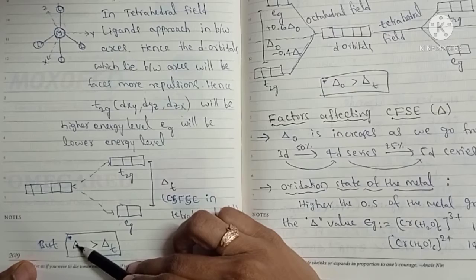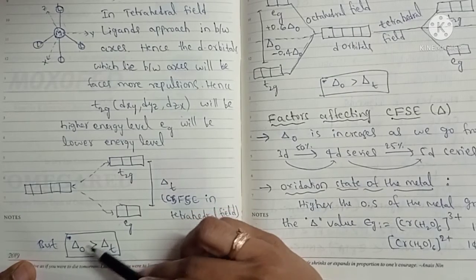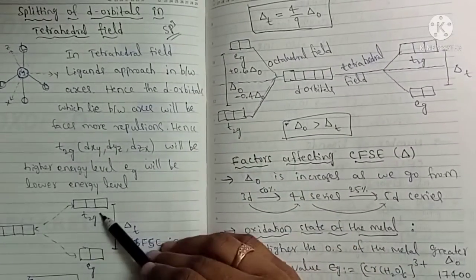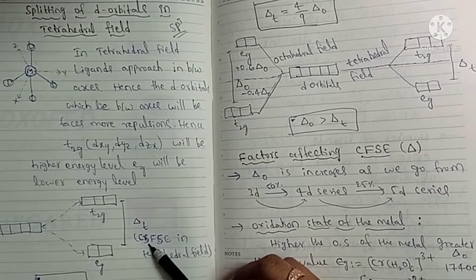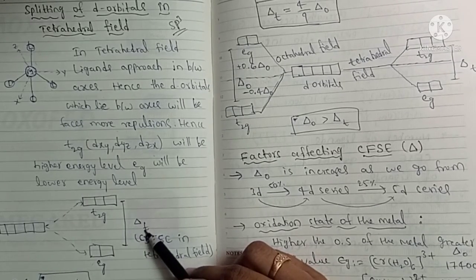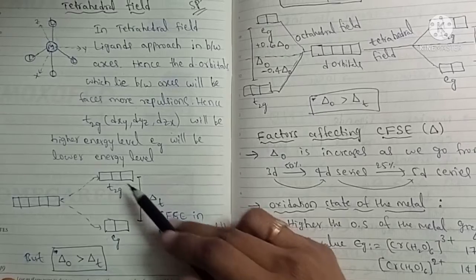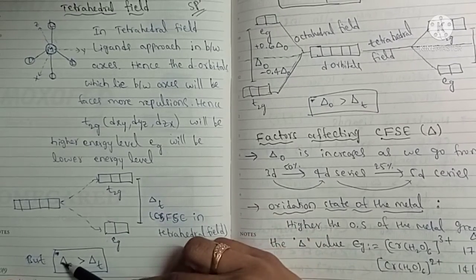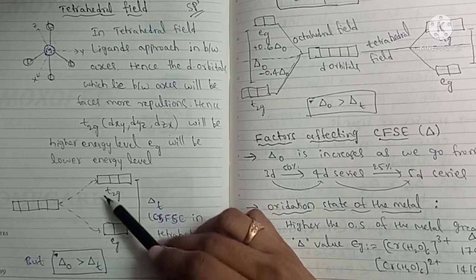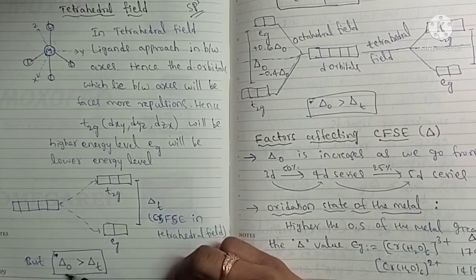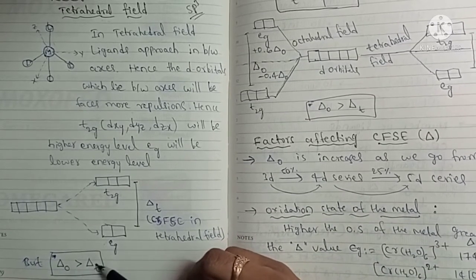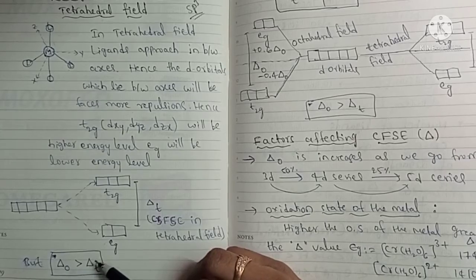Delta O, the crystal field splitting energy in an octahedral field, will be higher than CFSE in a tetrahedral field.